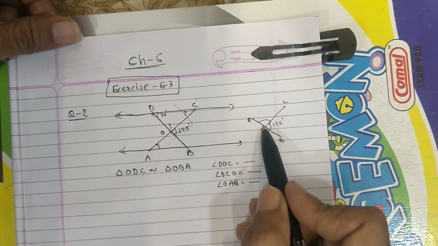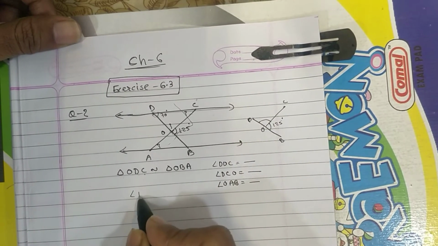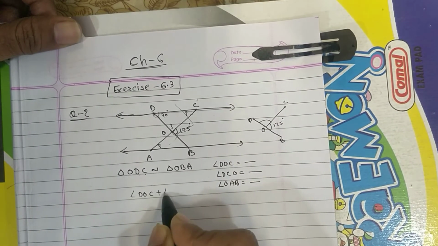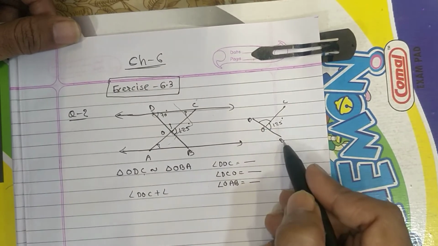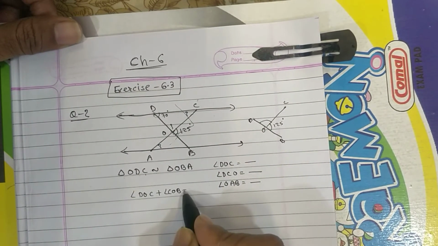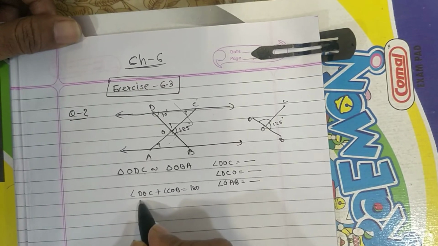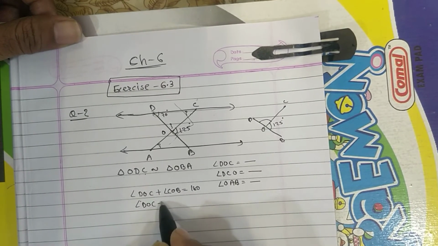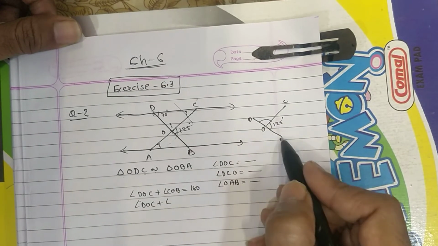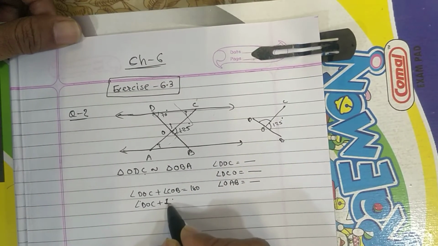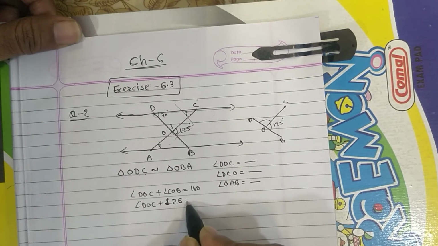So angle DOC plus COB is equal to 180. Reason is linear pair angle. DOC I want to find out, COB is 125 degree.